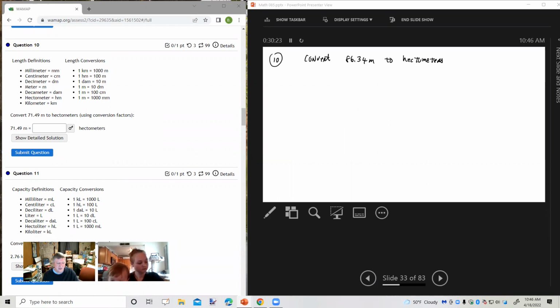One of the nice things about the metric system, so let's go back to Friday stuff. I sat down ahead of time and worked out different problems I wanted to do. With the metric system, I can pick any decimal number I want, and converting it is going to be easy because it's just going to be moving the decimal point. So that's a nice advantage. So we're going to go from meters to hectometers.